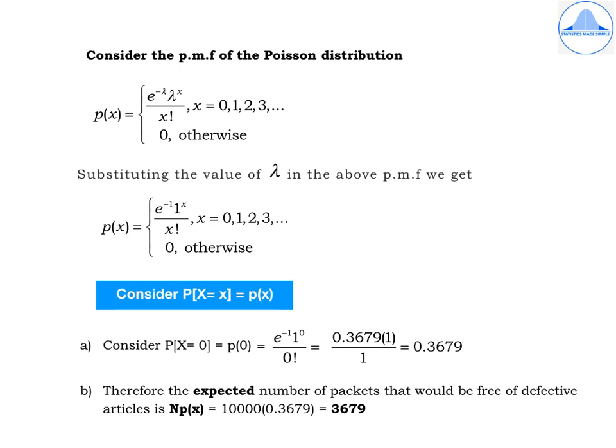The formula for that is Tx equal to capital N into P of X. So write the second subdivision sentence as: therefore the expected number of packets that would be free of defective articles is capital N into P of X, which is 10,000 into 0.3679, which is equal to 3679.